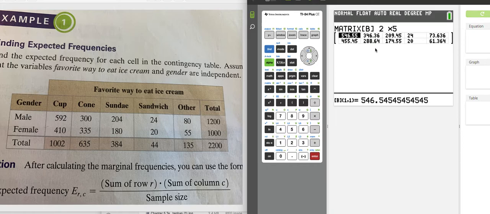There we go. Okay, so this is our expected matrix. I'm going to quit out of that.